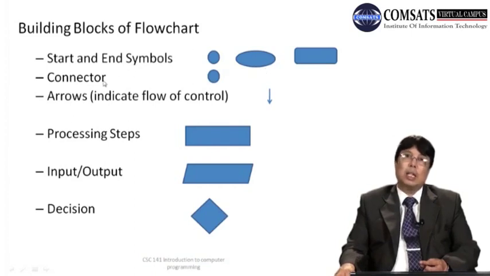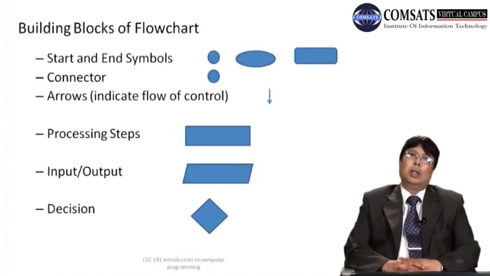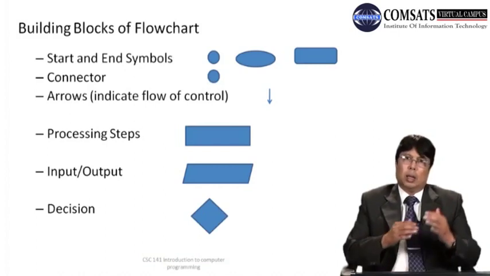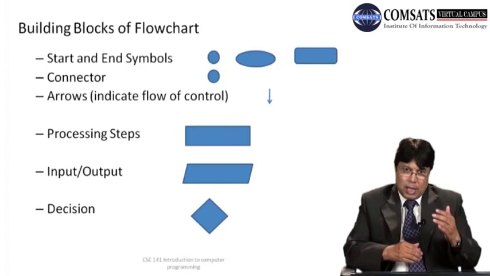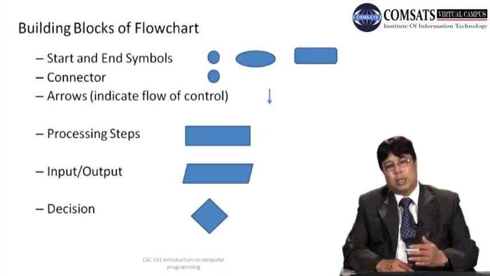Then comes the connector. It is again the same circle. We use the connector to connect the flow. What does it mean? Suppose you are coming from one sequence of symbols and then you want to transfer the control from that symbol to some other symbol.